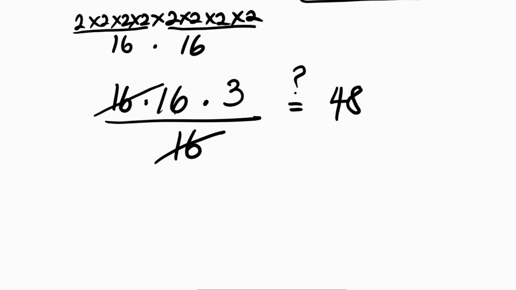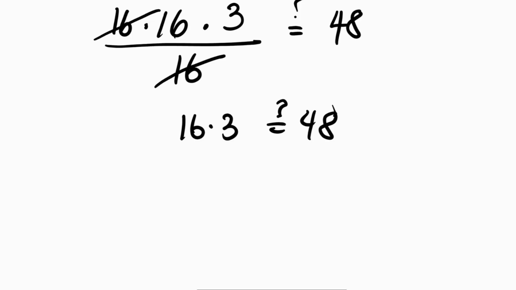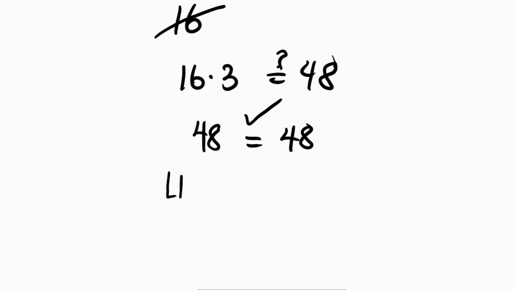16 cancels out one of the 16s. And then we have 16 times 3. 16 times 3 is what? 48, right? So now we see that the left-hand side is equal to the right-hand side. We've been able to prove that.